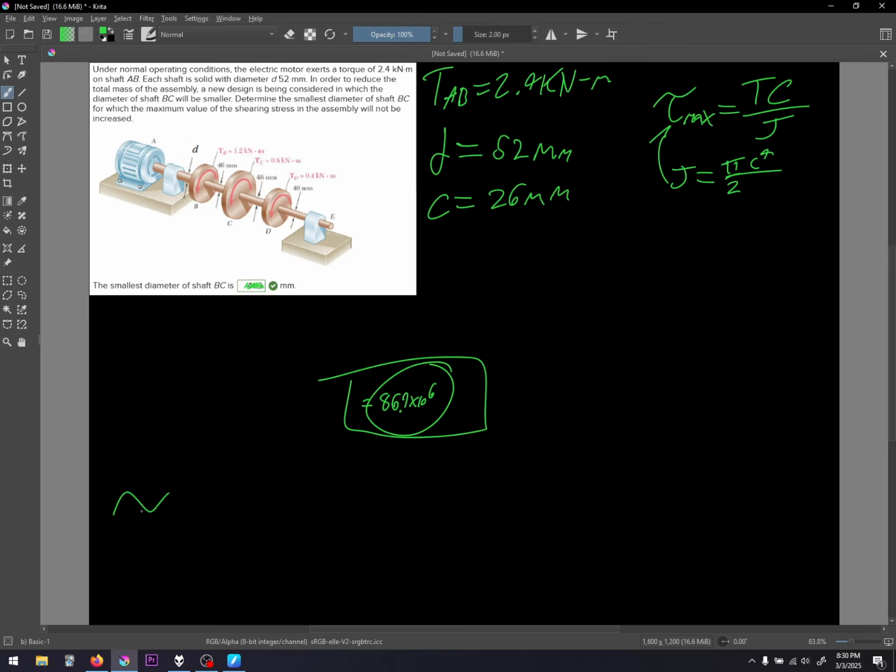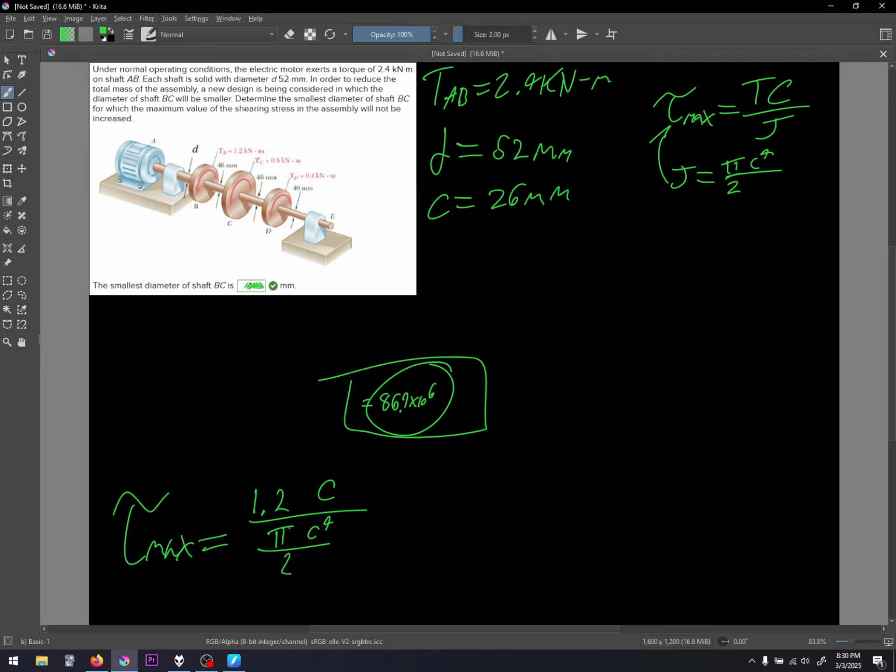So now we have tau max equals, well, the T for that is BC, 1.2. We have C, which we don't know. And we have a J of pi C, which we don't know, to the fourth over 2.